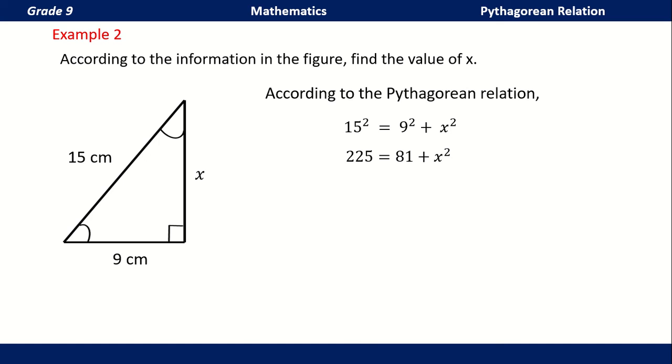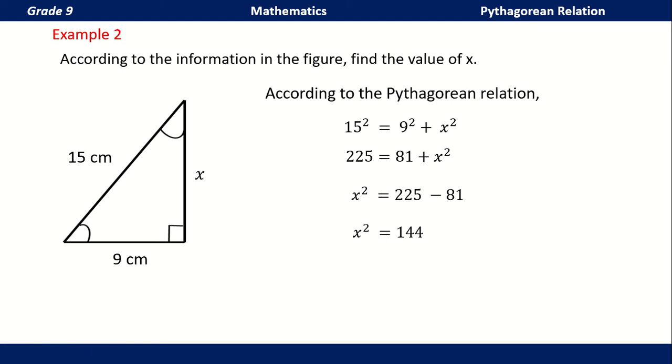To find the value of x, you have to make x the subject on one side. So you have to move 81 to the other side, as you learned in the equation lesson and formula. When 81 moves to the other side, it will be minus 81. So you will get x squared equals 225 minus 81.